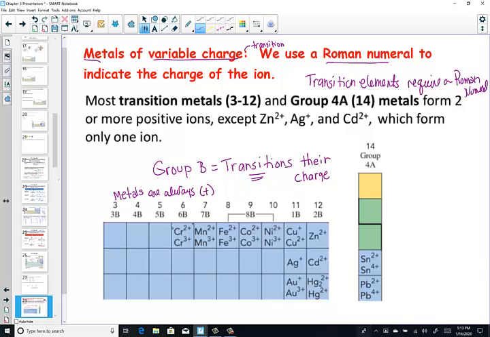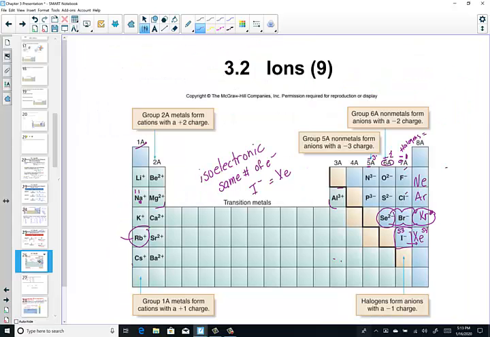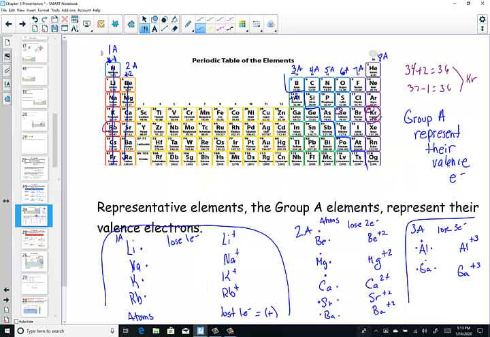For instance, the element chromium, the elemental symbol for chromium is Cr. If I were to look at the element chromium on the periodic table, I would not know its charge by where it lives. Because it's a short element in the middle, it's a transition element, I am unable to recognize its charge based on a periodic trend.